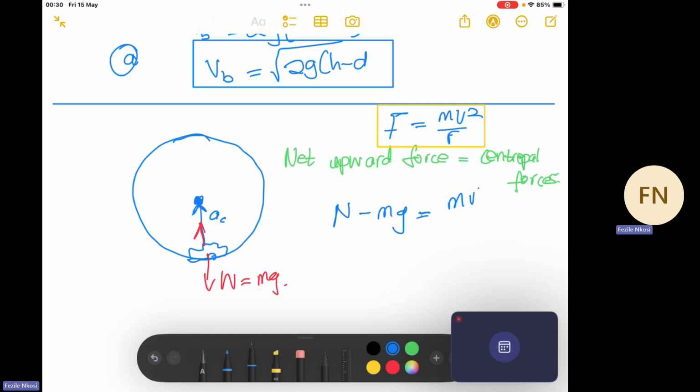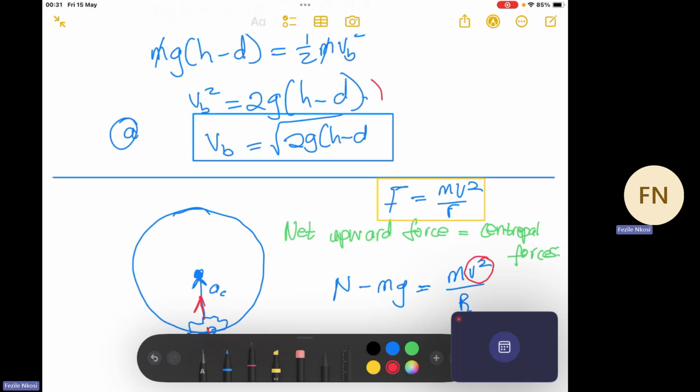Then we have m v squared all over r. The radius is big R. Good. Now, what do we know here? We know that v squared has already been calculated here.